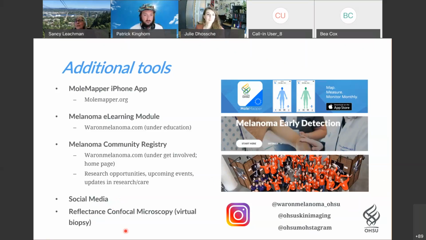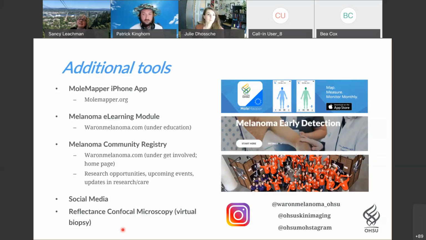And we also have a new imaging center here at OHSU that has a new kind of detection device, right? It's called in vivo confocal microscopy. It's so cool the way that science is helping us here, because it's a handheld device, kind of like a dermatoscope, but you put it on the surface of the skin and it will shine the light down and reflect it back like a microscope.